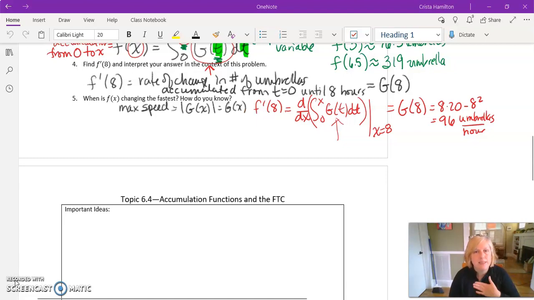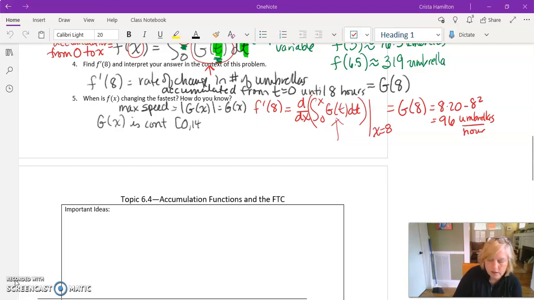And so our idea here is that we want to find the max speed. Now the max speed, let's talk about how we would do that. This is on a closed interval, so I do need to do an EVT argument. g of x is continuous on my 0 to 14 because it was a polynomial, so we're okay, EVT applies.